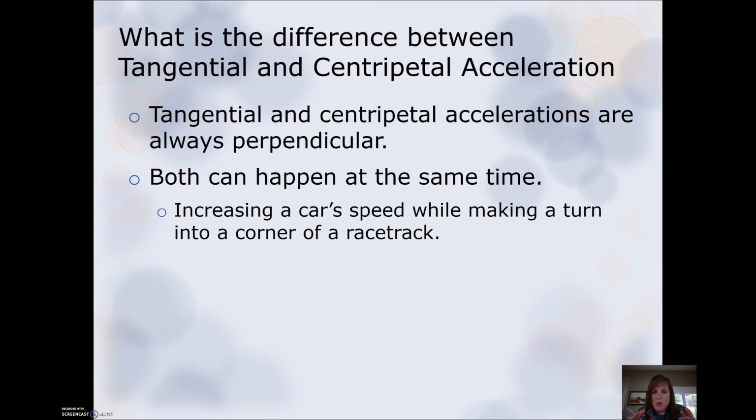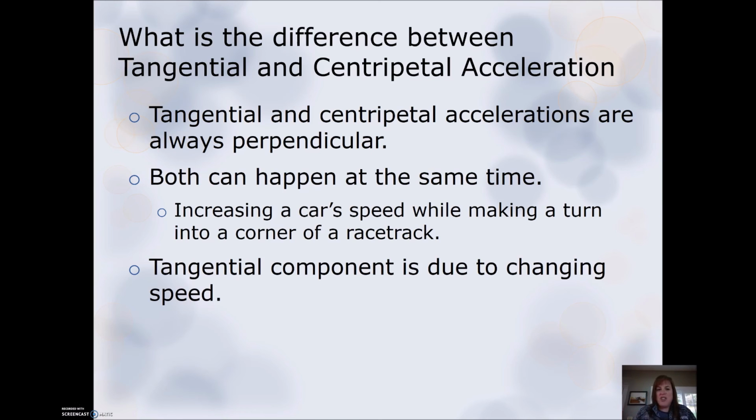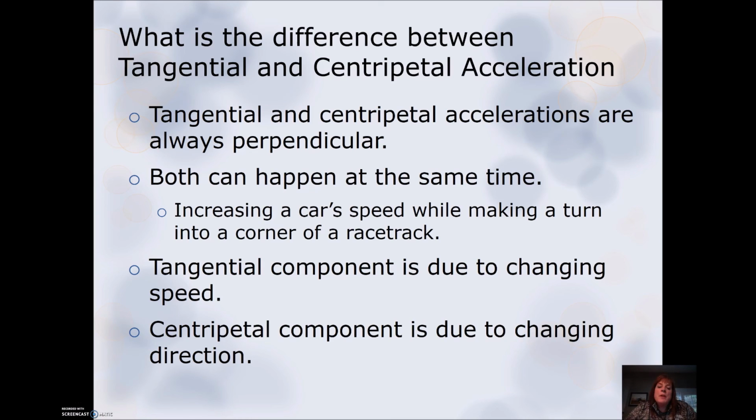Anytime I'm rotating, I have centripetal. Anytime I'm changing my velocity, I have tangential. So the tangential component is only there when there's changing speed. So when there's changing speed, I have angular acceleration and I have linear or tangential acceleration. That centripetal component is due to the fact that the object is changing direction. So the centripetal acceleration points towards the center of the circle, and it's due to the fact that the object is changing direction.